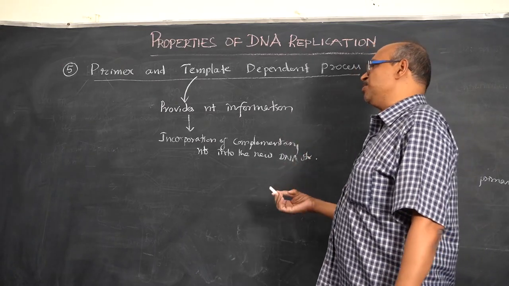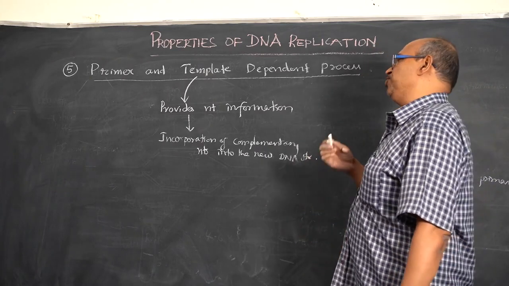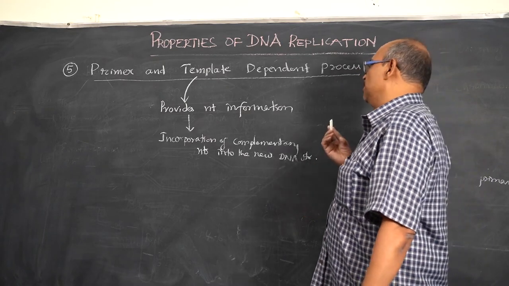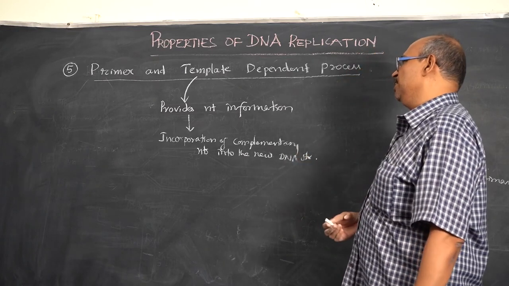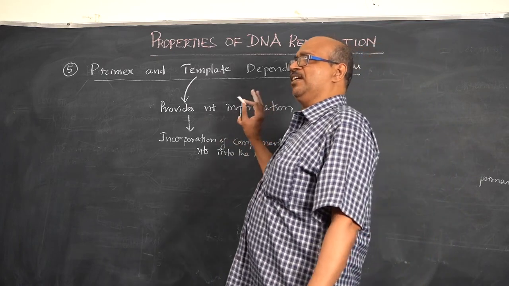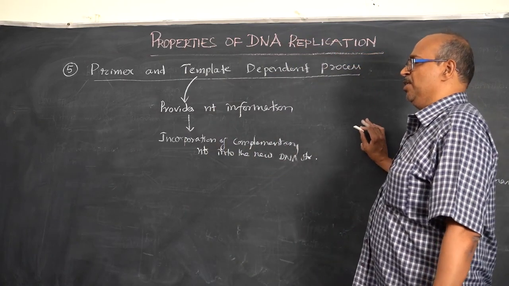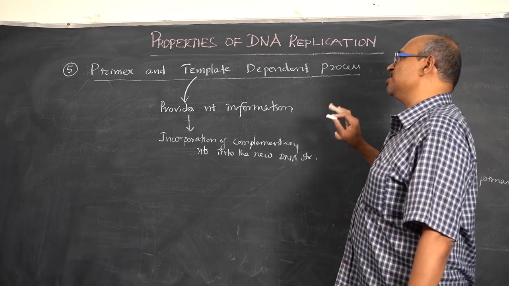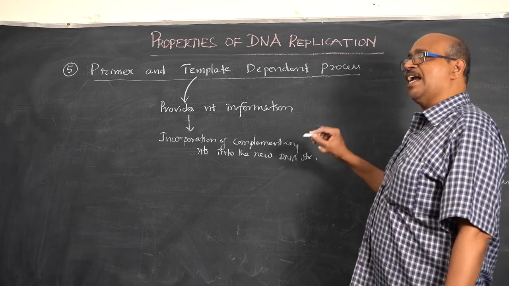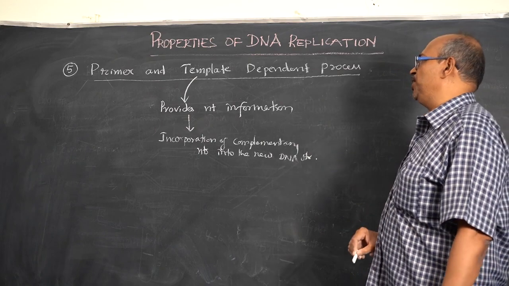If it is able to form a stable bond, then you allow its incorporation. If you try with a nucleotide that is not able to form stable base pairing, then this will not be subjected to hydrolysis, and as a result, typically that nucleotide is released from the cleft region of the polymerase. So this actually makes your process of DNA replication relatively accurate, because you are not randomly putting the nucleotides; you are putting the nucleotides based on the complementarity to the template.